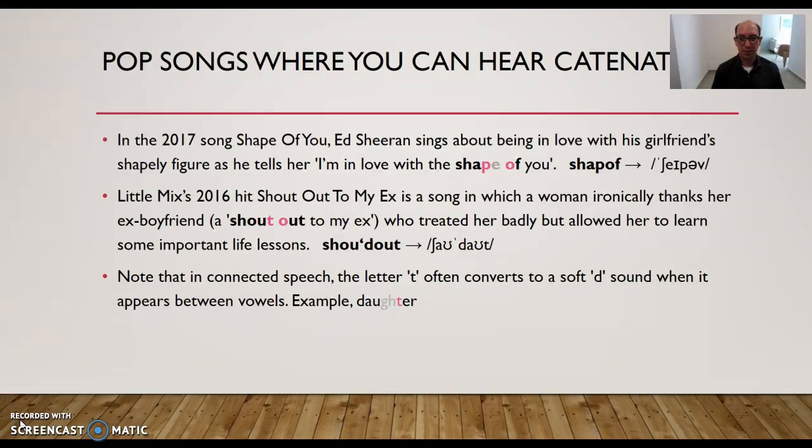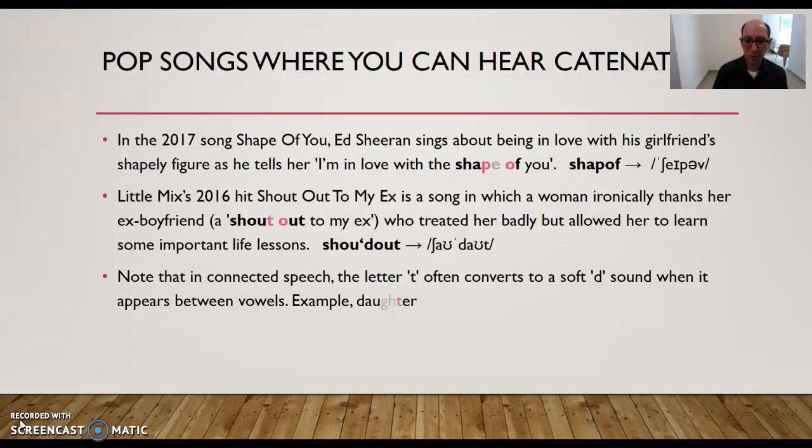We don't say "shape of" separately, we say "shape of." The next example is Little Mix's 2016 hit "Shout Out to My Ex." It is a song in which a woman ironically thanks her ex-boyfriend, with "shout out to my ex," who treated her badly but allowed her to learn some important life lessons.